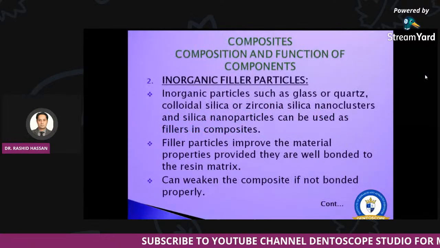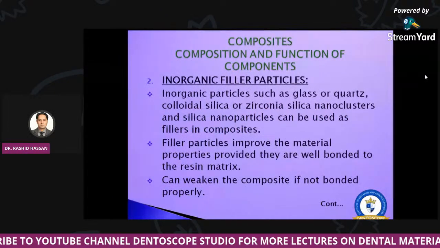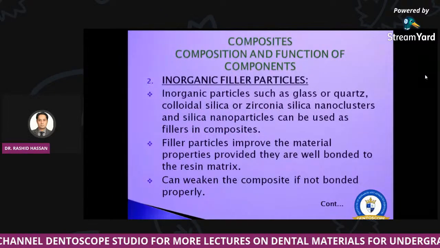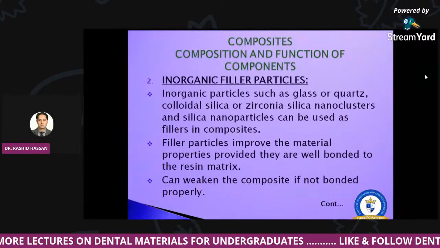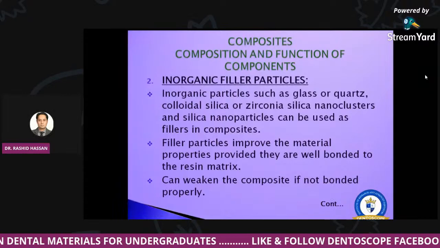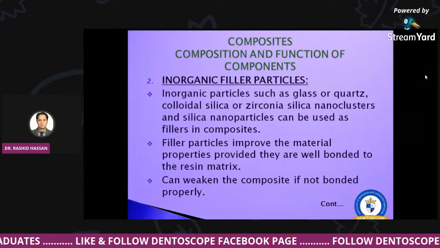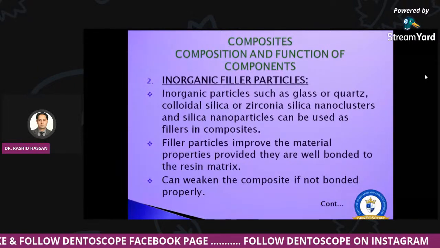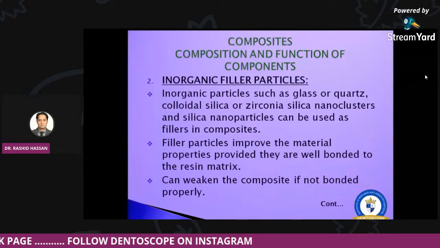Okay, then the second one is the inorganic filler particles. This is one of the most important components of dental composite. The inorganic filler particles can be glass or quartz, silica, zirconia, nanoclusters. Well, they can be used as inorganic filler particles, but most commonly glass, quartz and colloidal silica are used.